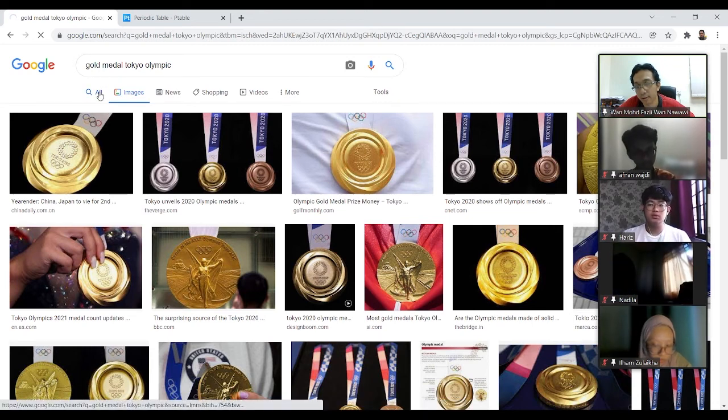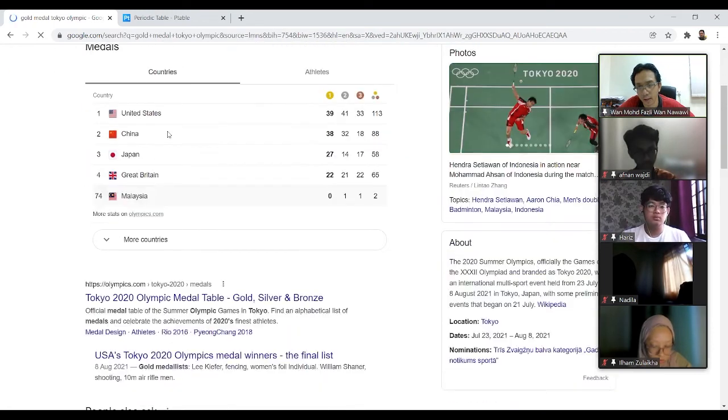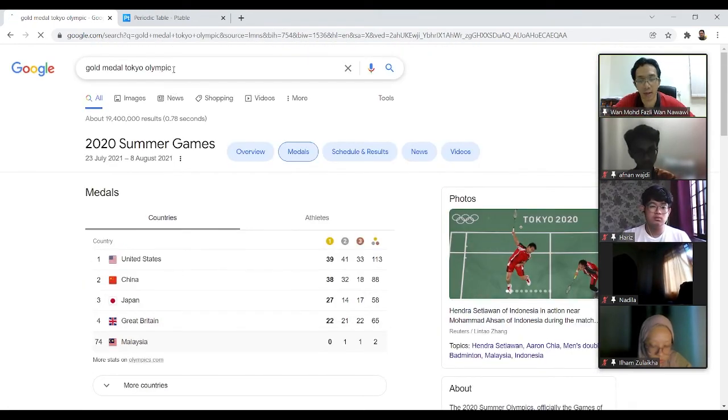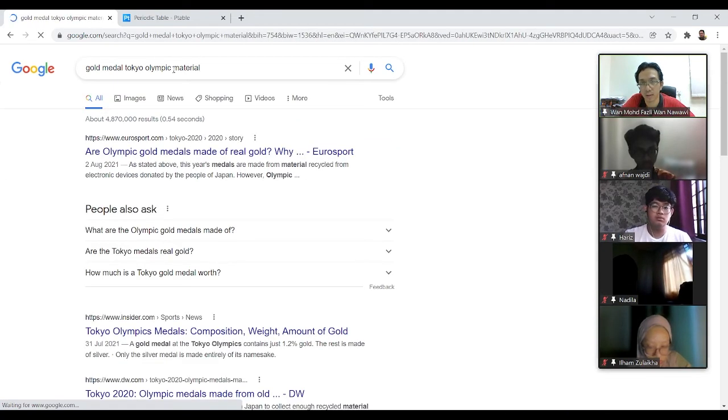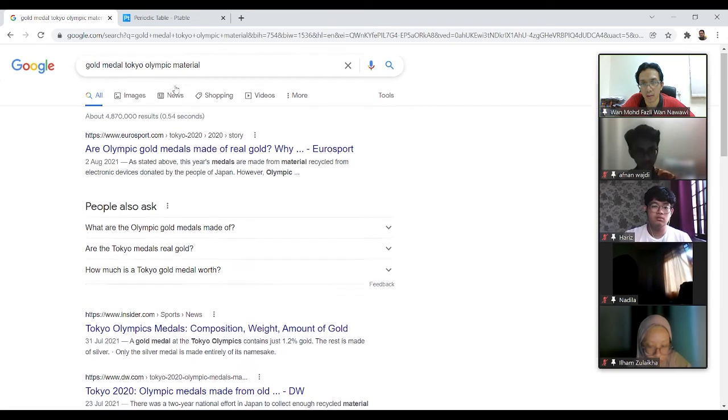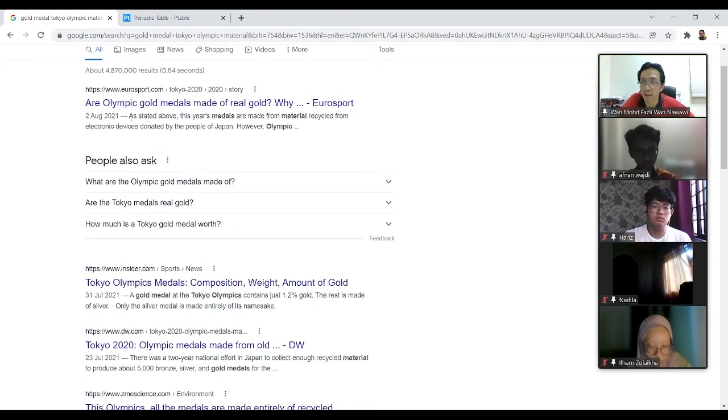Gold medal Tokyo Olympic material. Okay, you see here, you read there. During the Olympic 2020 or 2021, the gold medals are made of materials recycled from electronic devices donated by the people of Japan.